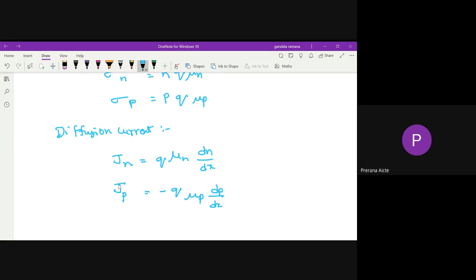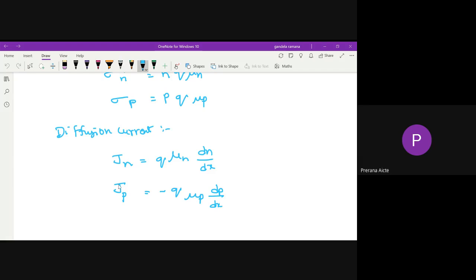In mass action law, the product of total free positive charges and free negative charges in the semiconductor is equal to the square of intrinsic concentration. This is called mass action law. So np is equal to ni square, where n is electron density, p is hole density, ni is intrinsic concentration.